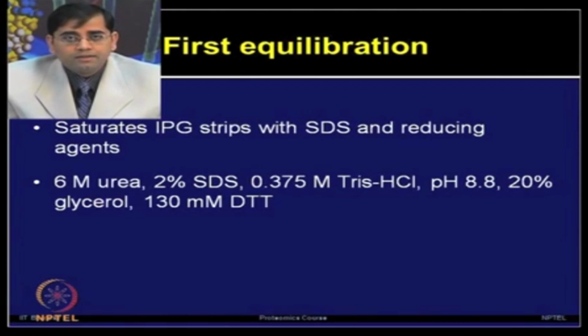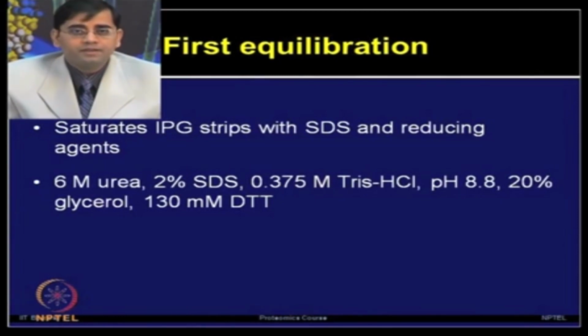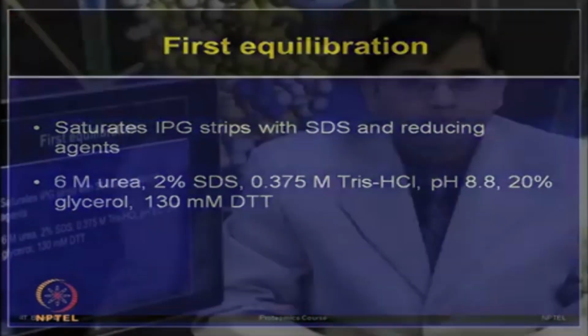Either you add DTT, dithiothreitol, or you add IAA, iodoacetamide. Please note, this recipe is given only for your reference. People try different slight modifications of this concentration and recipe for doing the equilibration step.